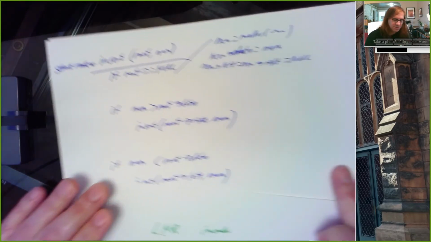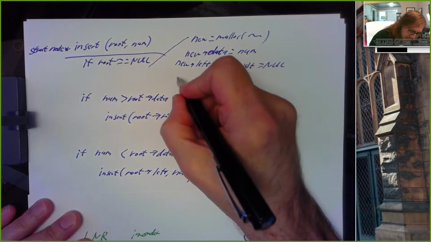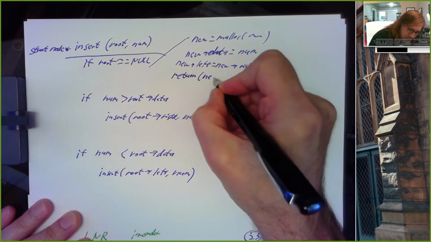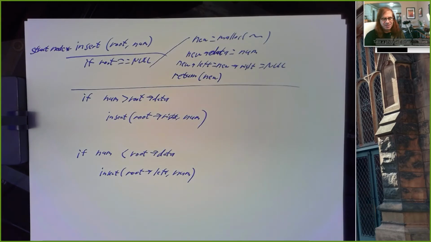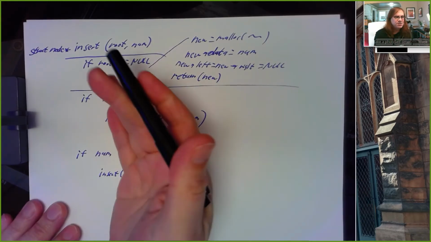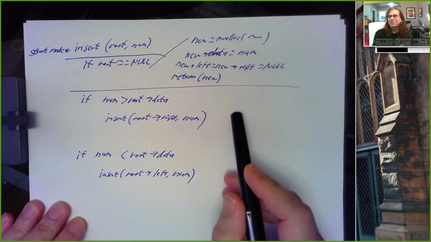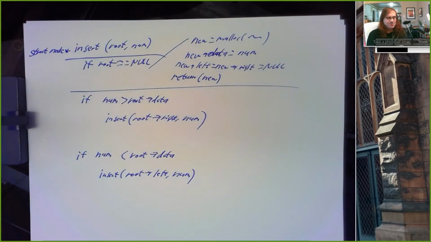It's going to return a struct node star. And then in this case where the tree was empty, we can just return new. And so there's your edge case. If the tree doesn't exist, if the root is null, make a node, set up the data, left and right fields, and then return that node as the return value from insert.